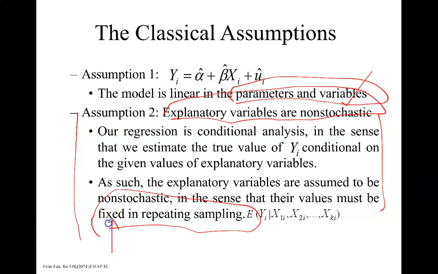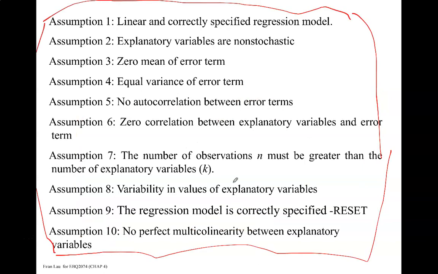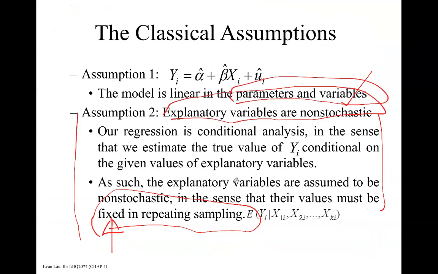It's about x and y having their own values. So it's non-stochastic, and you can know the value because when we want to do the estimation, we know the value of x and we know the value of y. This will also be closely related to the other assumptions which we are going to explain throughout this chapter.